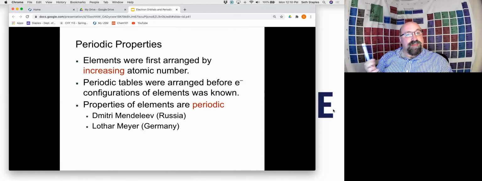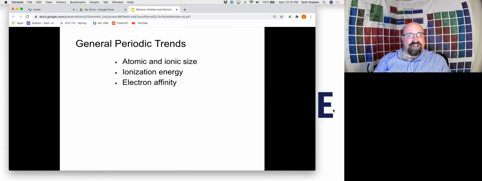We found out later that that is because they have very similar electron configurations, especially that last bit of their configuration. And so what we're going to talk about today are some other types of properties associated with atoms, such as the size of atoms and ions, and something called ionization energy and electron affinity, which relate to how easy it is to either take an electron away or add an electron in when forming ions.